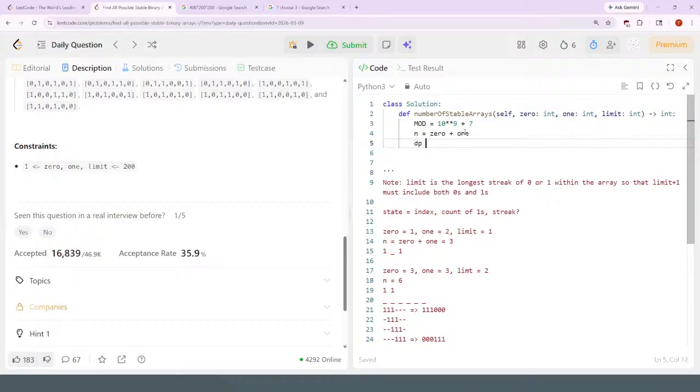So the programming would be something like 0, times the limit plus 1. And that would be the first part.